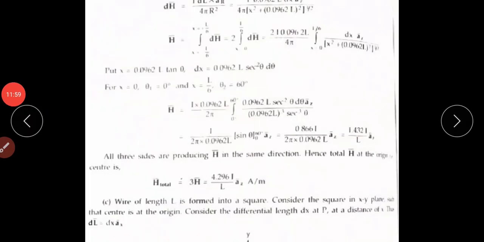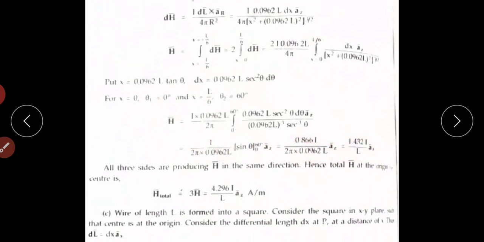Secant square theta by secant cube theta is 1 by secant theta, which equals cos theta. Integral of cos theta equals sin theta, limit 0 to 60 degrees, into Az bar. It equals 0.866 I by 2 pi into 0.0962 L Az bar. Finally it equals 1.432 by L into I into Az bar. This is the magnetic field intensity at the origin due to side AB.